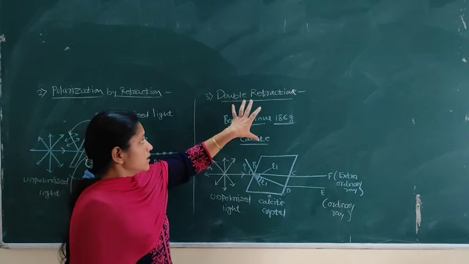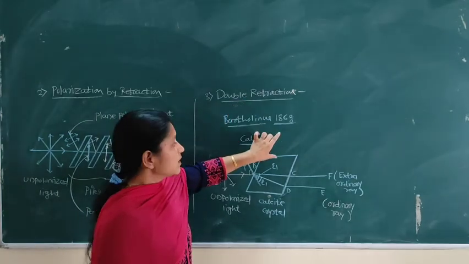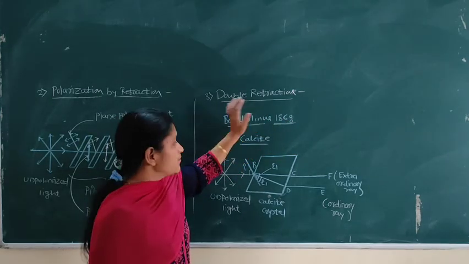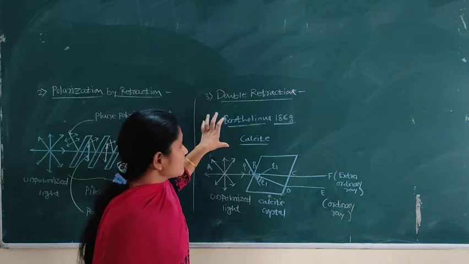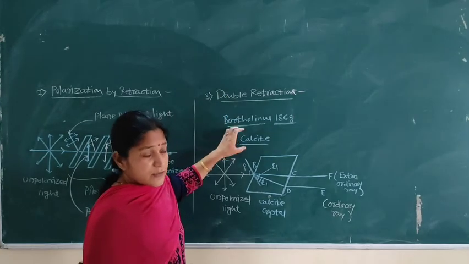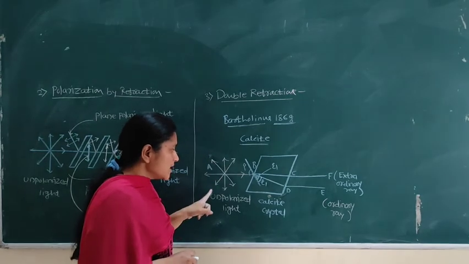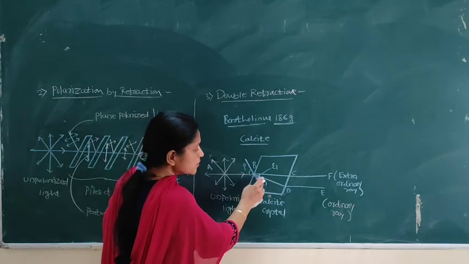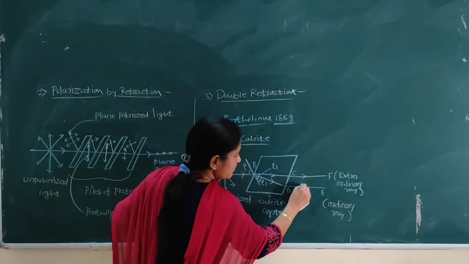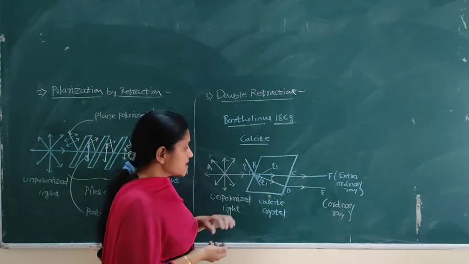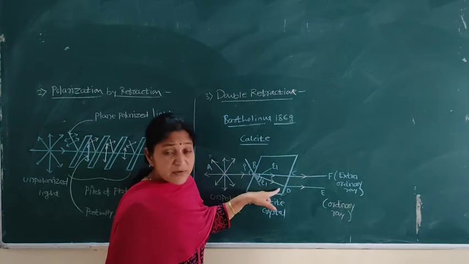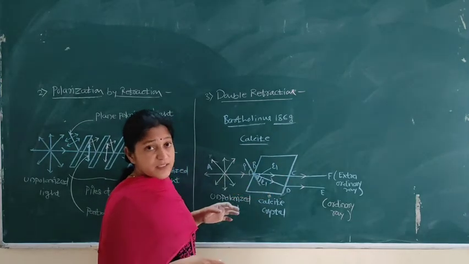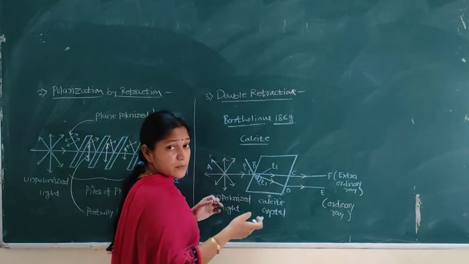So listen carefully. The scientist Bartholinus discovered the double refraction phenomenon in the year 1869. In his experiment, Bartholinus used the calcite crystal. When unpolarized light is incident on a calcite crystal, it produces two refracted rays. One is along BC, the other is along BD. These are the two refracted rays, and both rays have different properties.